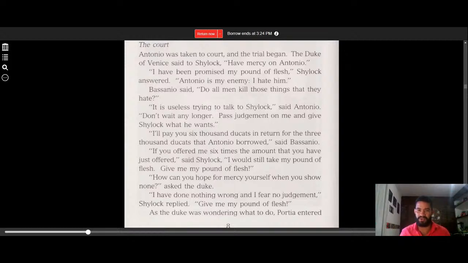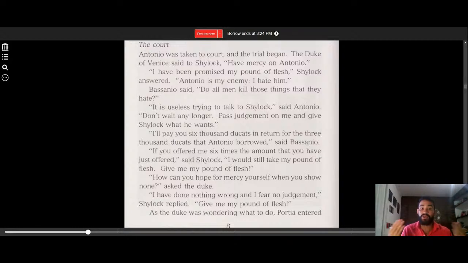"Don't wait any longer. Pass judgment on me and give Shylock what he wants." "I'll pay you 6,000 ducats in return for the 3,000 ducats that Antonio borrowed," said Bassanio. "If you offered me 6 times the amount that you just offered," said Shylock, "I'd still take my pound of flesh. Give me my pound of flesh."